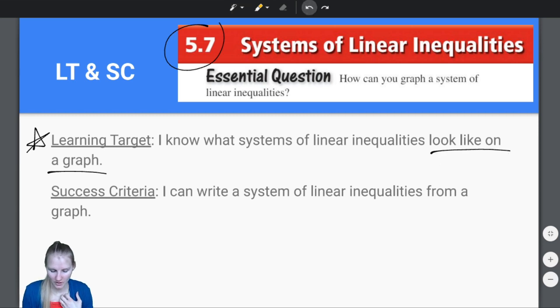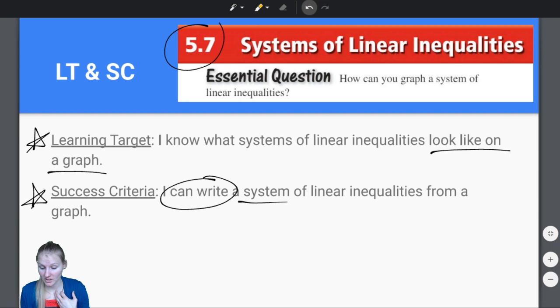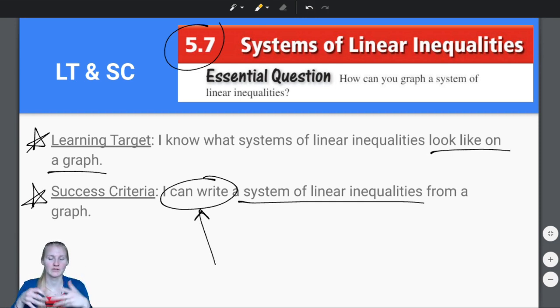Our success criteria is that you can write a system of linear inequalities from a graph. So now you understand why our learning target is so important. In order to be able to write a system of linear inequalities, you need to know what they look like on a graph. If it looks like this, this is what the system will be. If it looks like that, this is how the system will be different. And so on and so forth.